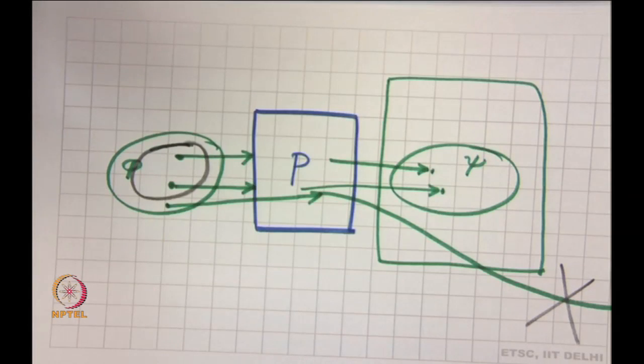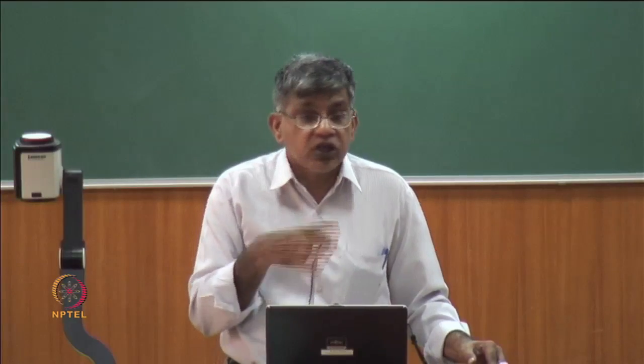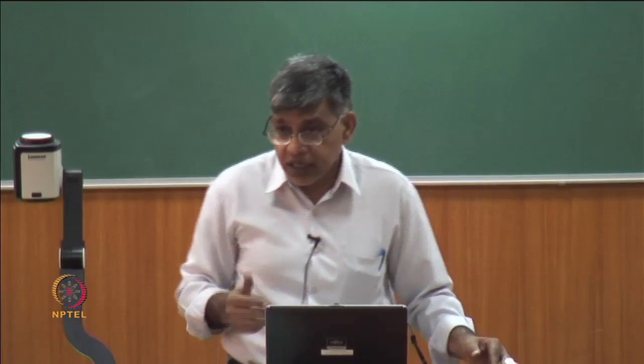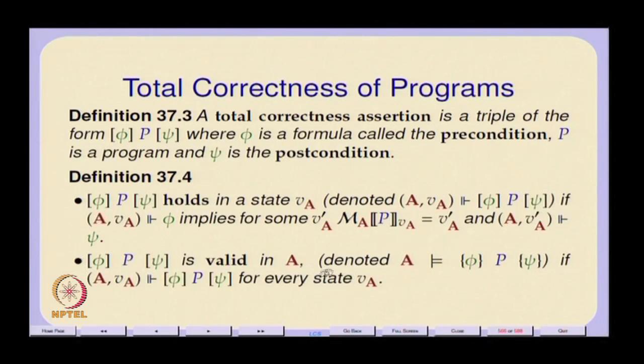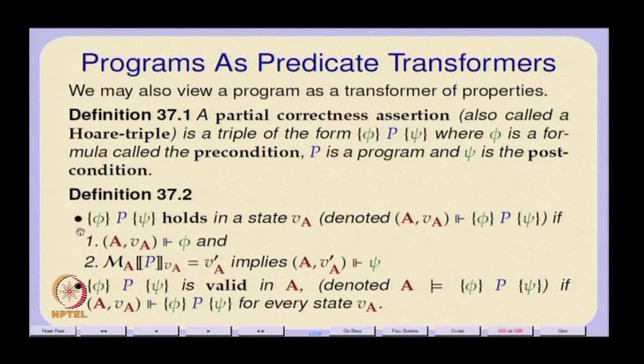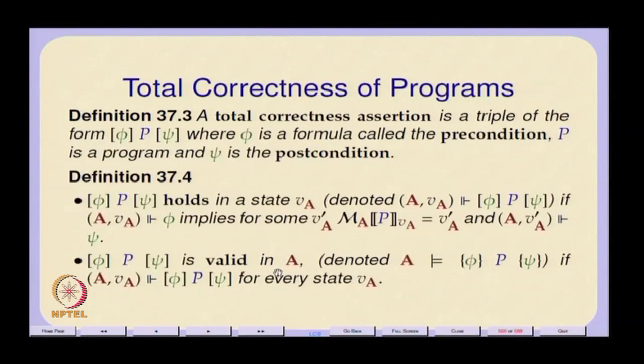So, your notion of phi is circumscribed by whether you are interested in partial correctness or total correctness. The notion of validity again is exactly the same. It is just that this definition has two parts, where the and is here and the implies is here, and this definition has implies first and then an and. The meanings are of course different.